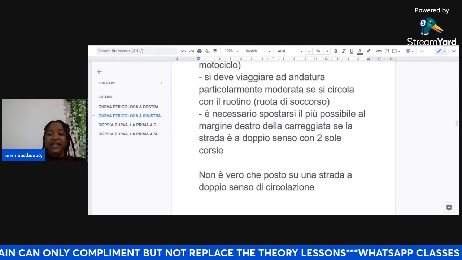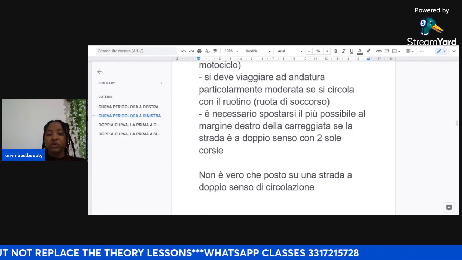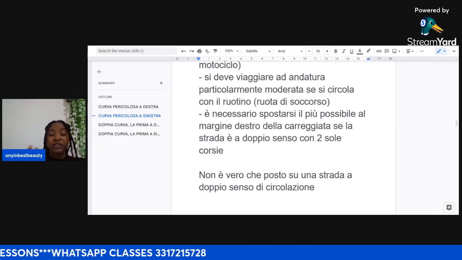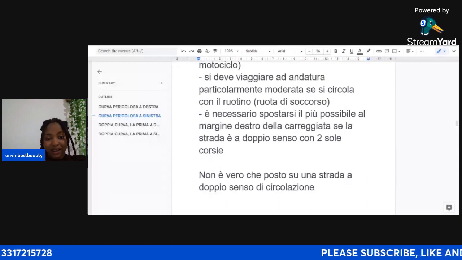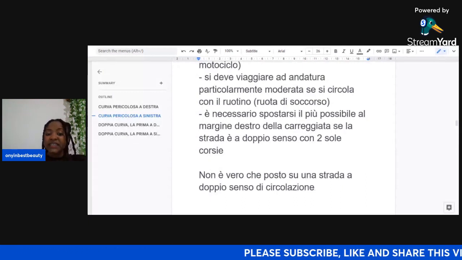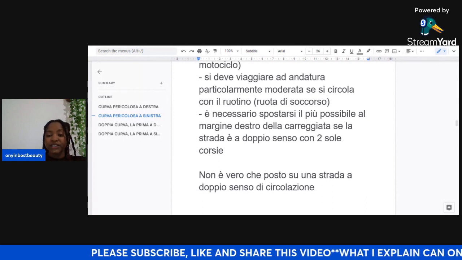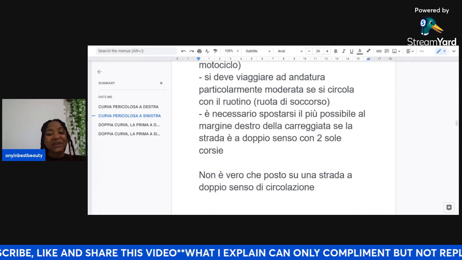Si deve viaggiare ad andatura particolarmente moderata se si circola con la ruota di soccorso. Now you have to drive with a particularly moderate speed if you drive with your emergency tire. È necessario spostarsi il più possibile al margine destro della carreggiata se la strada è a doppio senso con 2 sole corsie.